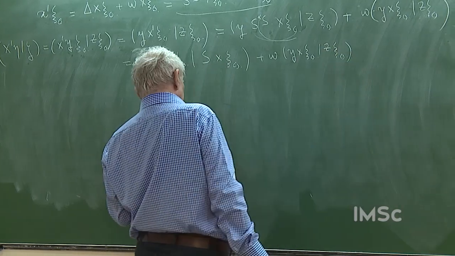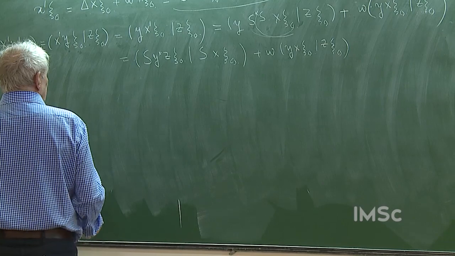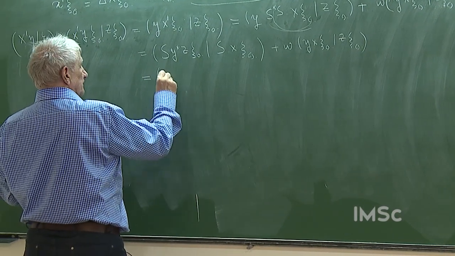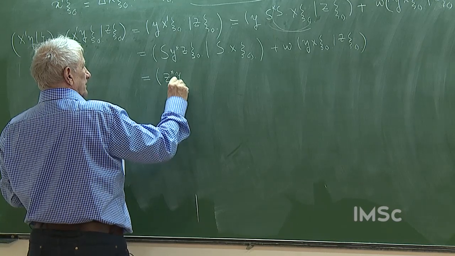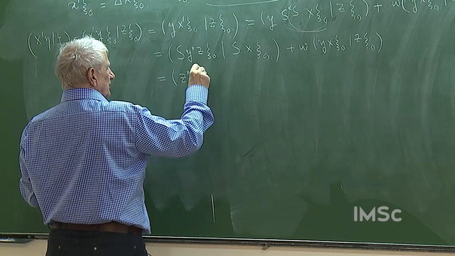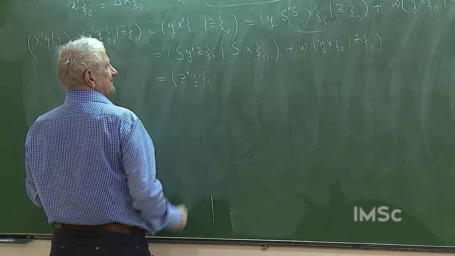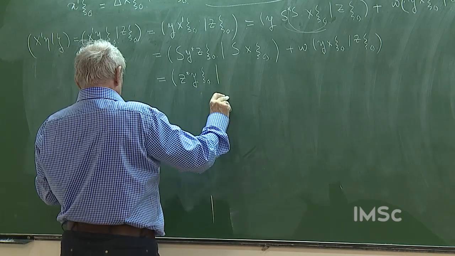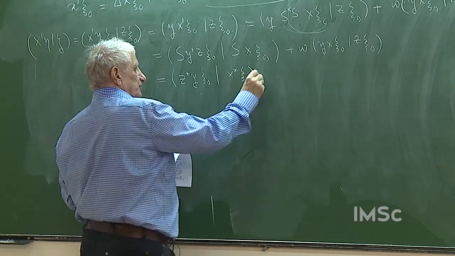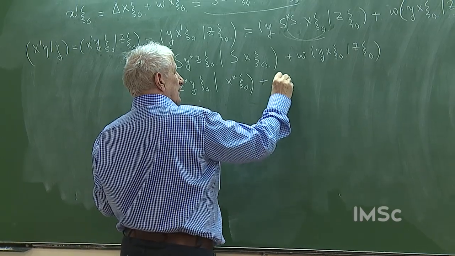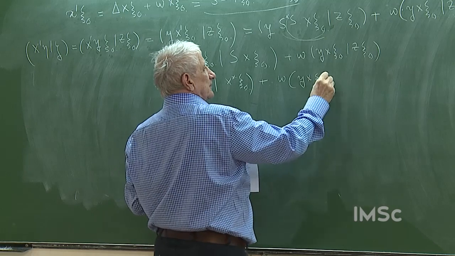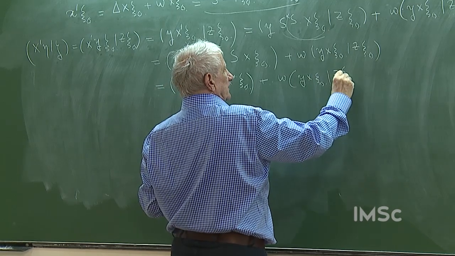This remained unchanged, and will remain unchanged. This is equal to further z star y, these are elements in M. S makes the adjunction, and this is psi naught. Here is x star psi naught plus omega y x psi naught times z psi naught.